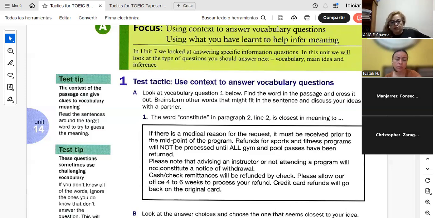We don't have options at this moment, so we are going to discuss, now that we were talking about synonyms. Doesn't mean that, or will not constitute, doesn't mean that notice of withdrawal, as we were saying.